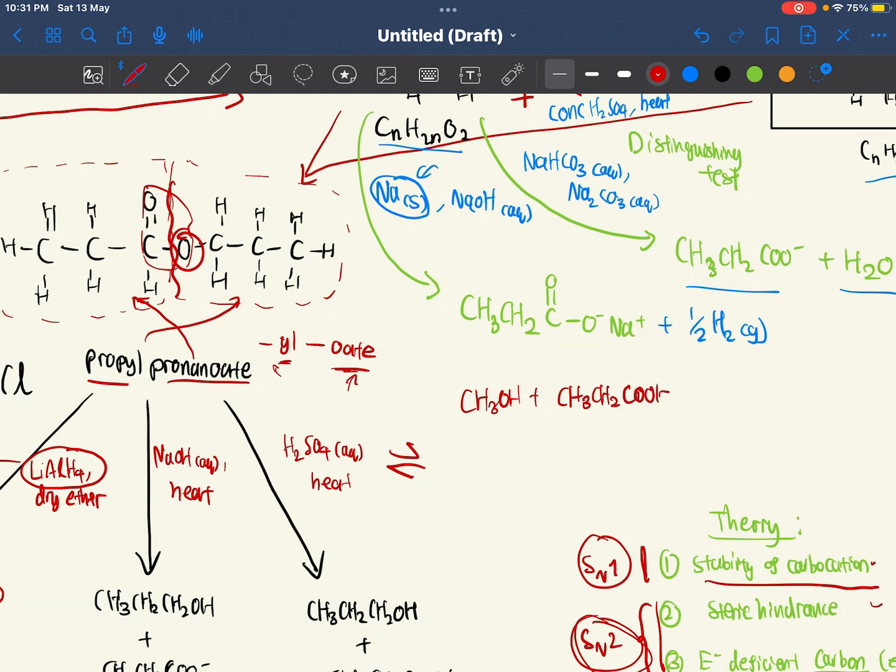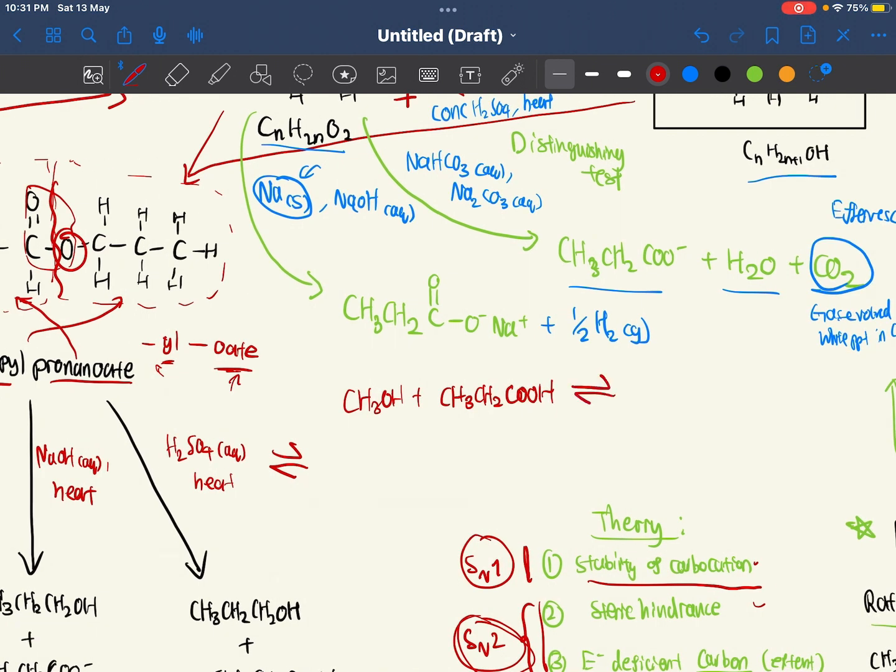Oh, just draw propanoic acid. Basically it's a reversible reaction. So CH3CH2COOCH3.